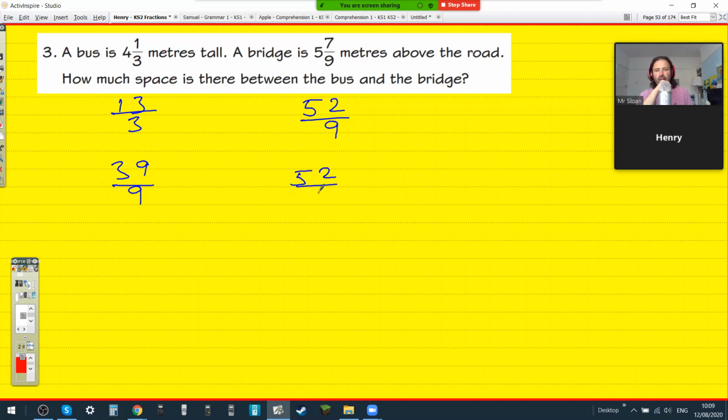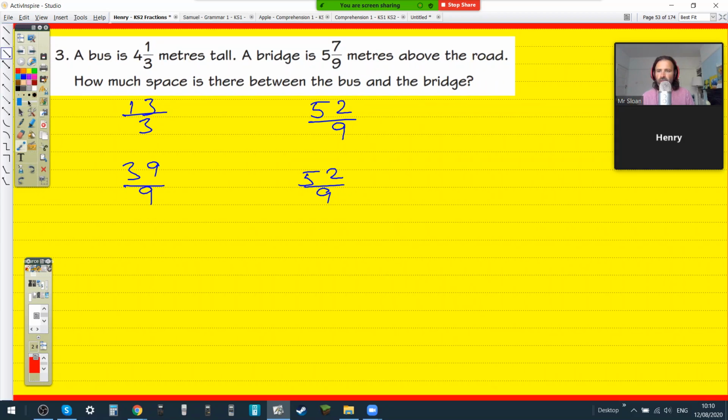And then we don't need to do the multiplication for 52 ninths because there's already 9 as a denominator. So 39 and 52 is 91. You would add the two, yeah, so 39 and 52 is 91.